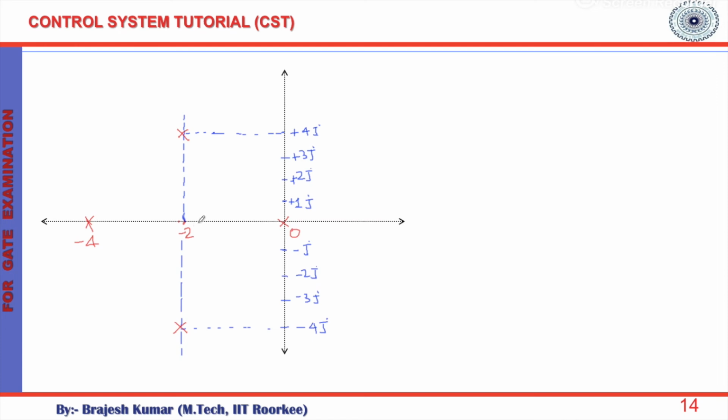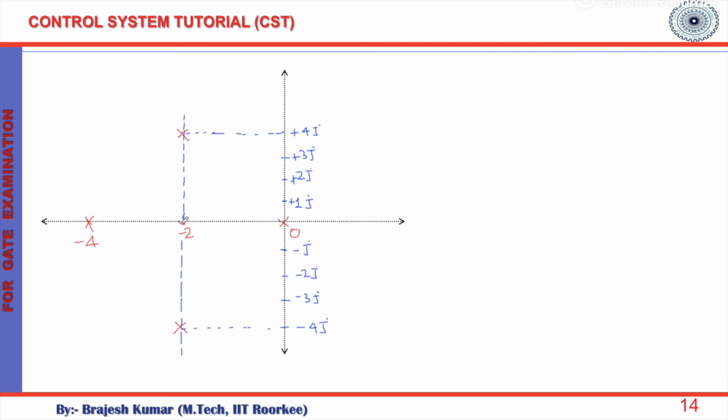Now applying the rule for which portion of the real axis is a part of the root locus. If you take any point in this segment, between -2 and 0, and look towards the right side of it, we will find that the number of poles plus number of zeros is 1 plus 0, which is 1, which is odd.